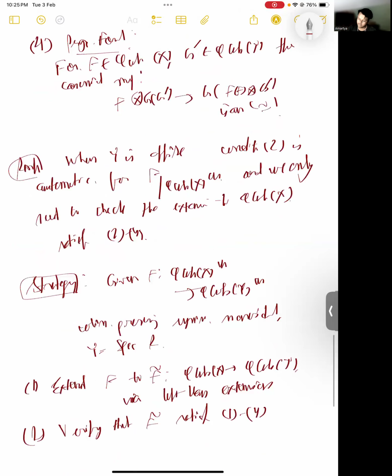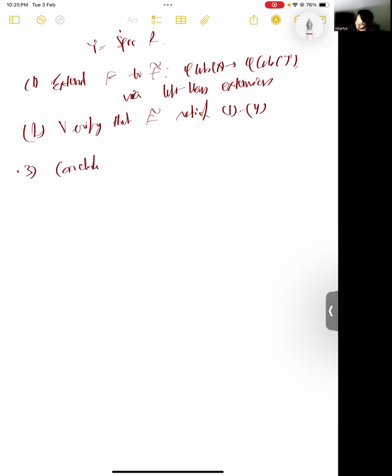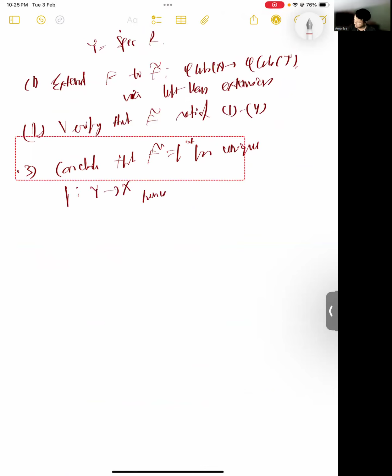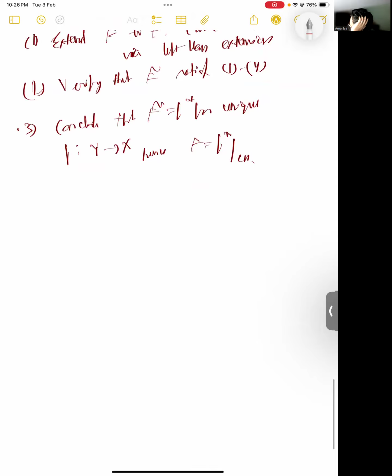And then conclude that F tilde is upper star for a unique map from Y to X. Hence F is upper star. Right. That is the strategy of the first proof.